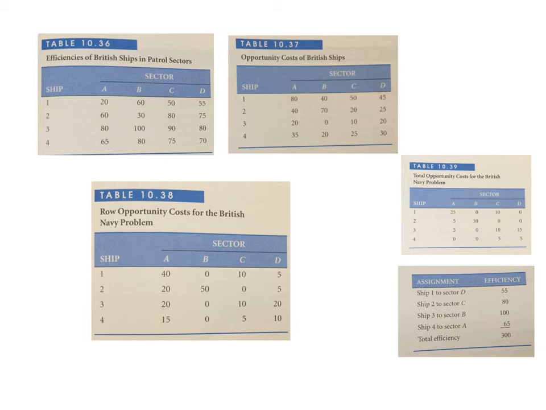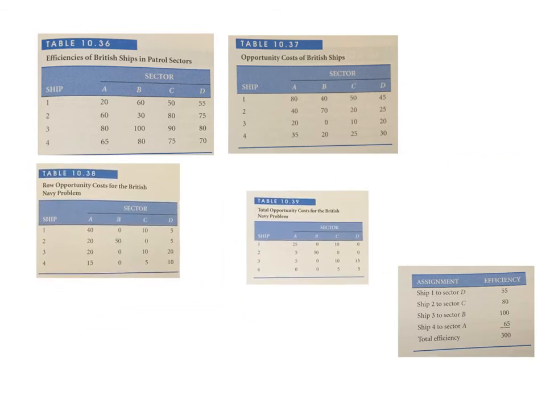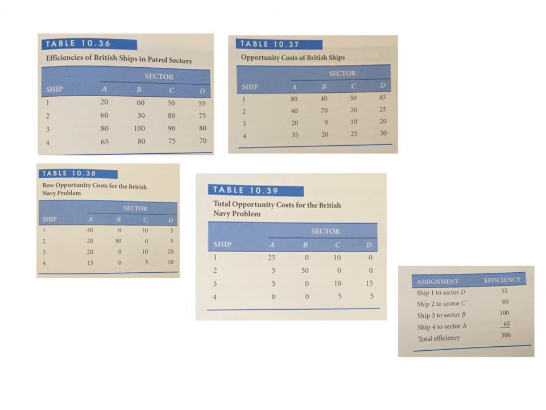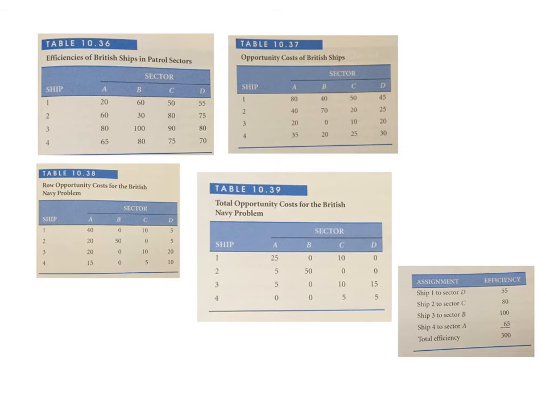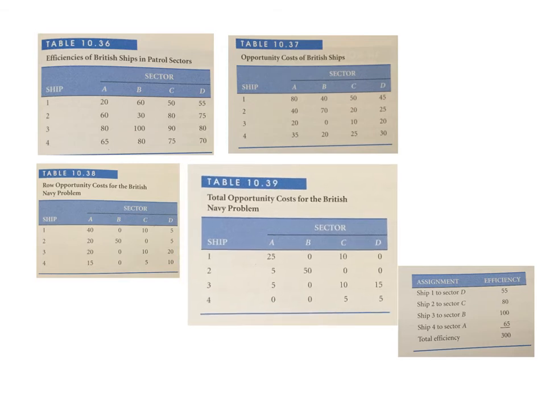Once we've done the row reduction, next we are going to do the column reduction. This is the table after column reduction. You can see that the minimum here is 15.